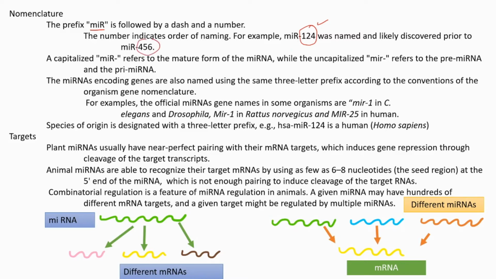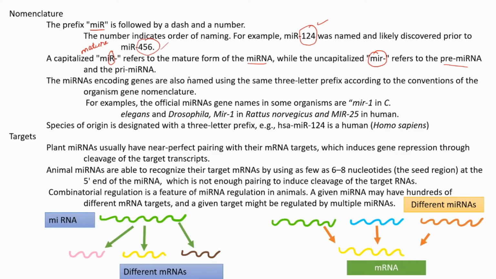From this number, we can understand that this is the early recognized miRNA and this is the later one. And also, the capital R denotes that it is a mature miRNA. Then small letter mir refers to a miRNA that is in the process of maturing. It means a precursor miRNA or primary miRNA if it is a small letter.